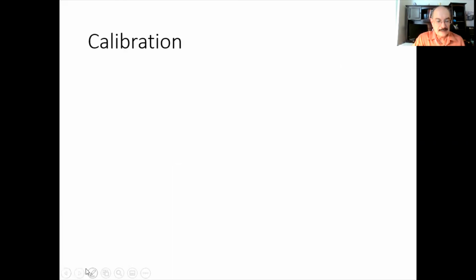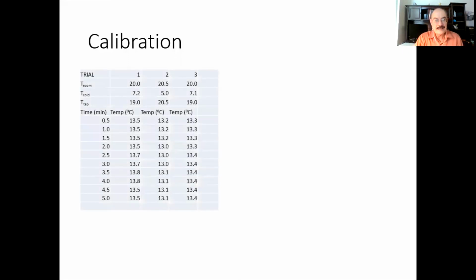This is going to be our calibration data, right? So I took all that data that you saw on that data sheet, and I've copied it over here to an Excel spreadsheet. Notice that we have the room temperature, the cold and the tap water temperatures, and then over here you can see all of these.